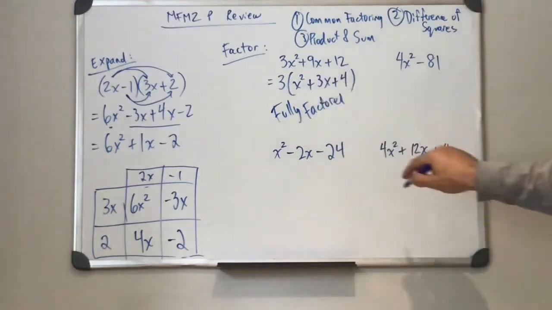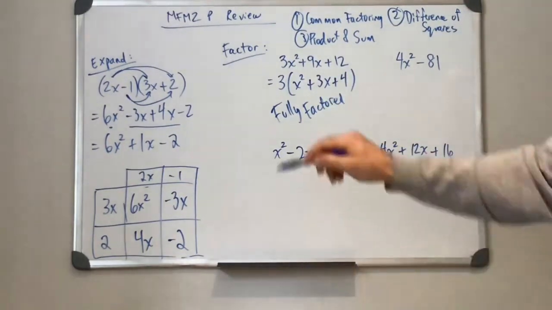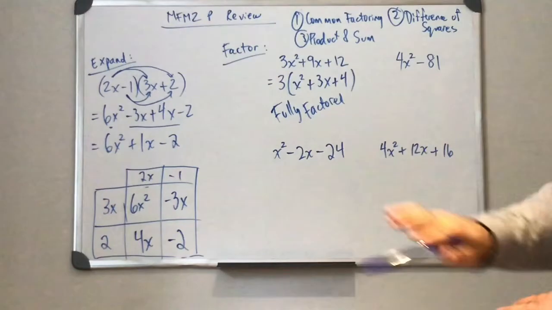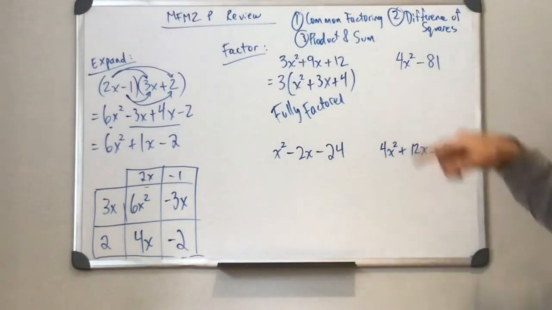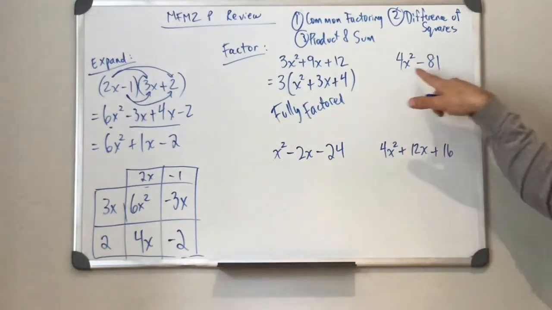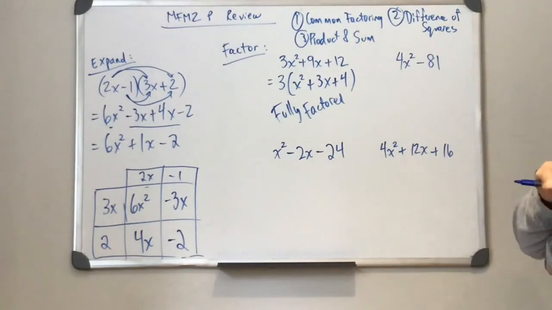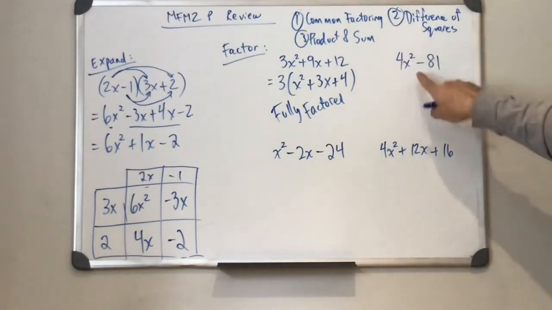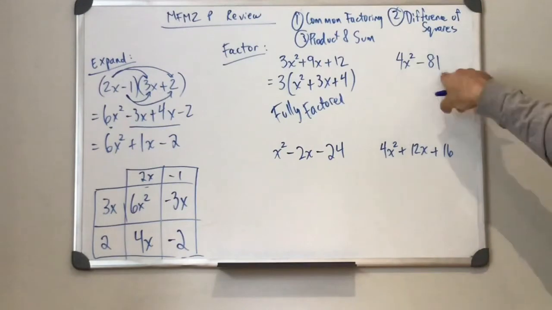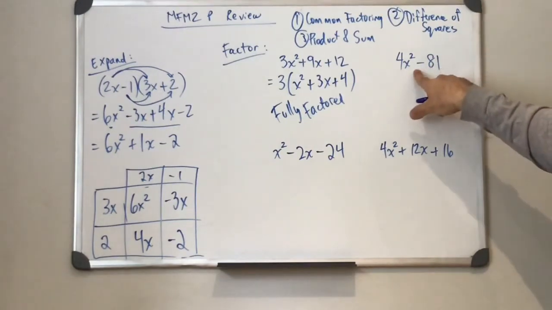This kind of looks like one of these ones, but there's actually nothing that works. So no numbers that worked, we're done. This one here, can I common factor an x out? Nope. Can I common factor a number out? Not that I see here. So this one's actually a difference of squares binomial because we have two numbers that we can square root with a minus in the middle.